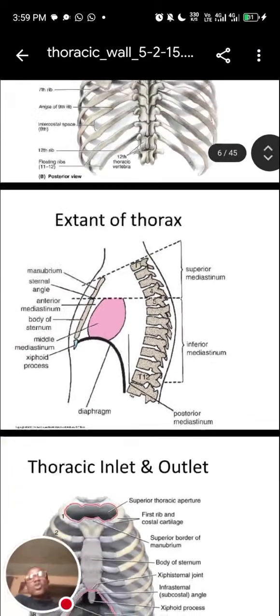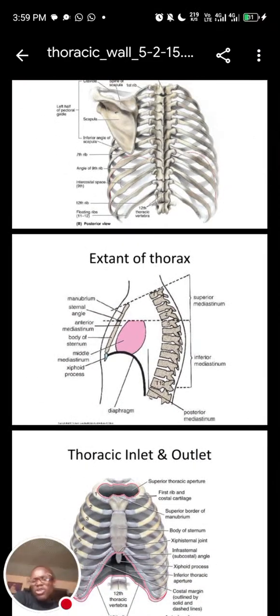In the foregut, what's the functional anatomy? The foregut starts from the mouth to the end of the first part of the duodenum. That's what we call extent, from here to here. The GIT starts from the mouth to the anal canal, the alimentary canal. The extent can be from lateral to medial, or from posterior to anterior.